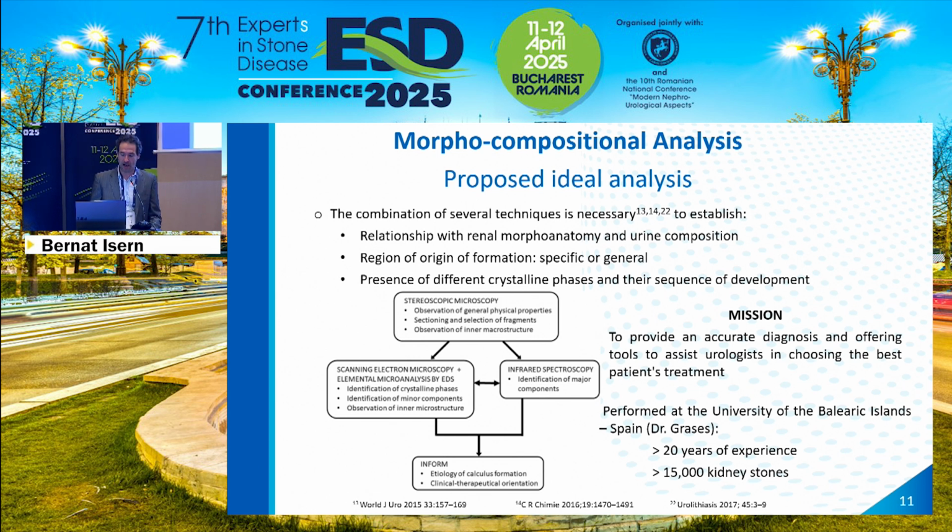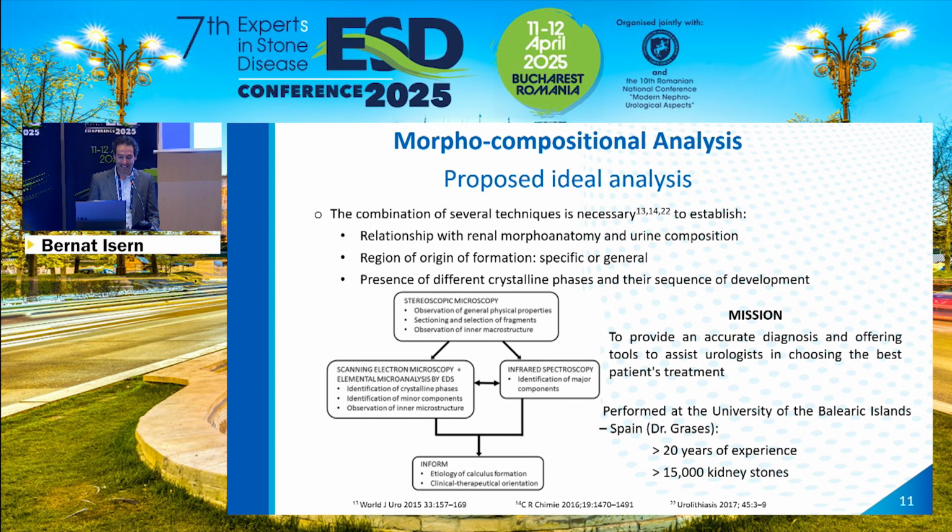Many authors suggest that the analysis of renal stones requires the combination of several techniques to establish the relevant information. The recommended procedure for routine kidney stones should include stereoscopic microscopy, scanning electron microscopy, and energy dispersive spectroscopy, and when needed, infrared.